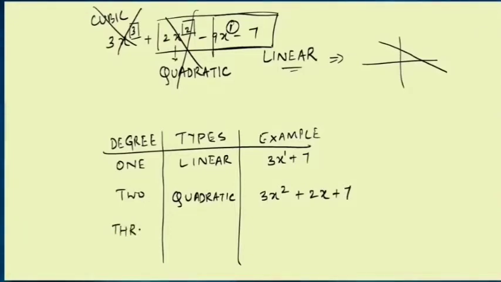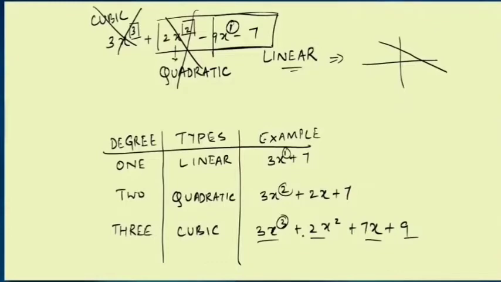Now 3 is a cubic polynomial, and here also you can take an example, 3x cube plus 2x square plus 7x plus 9. Okay, so this is 1 degree linear, 2 degree quadratic, 3 degree cubic polynomial.